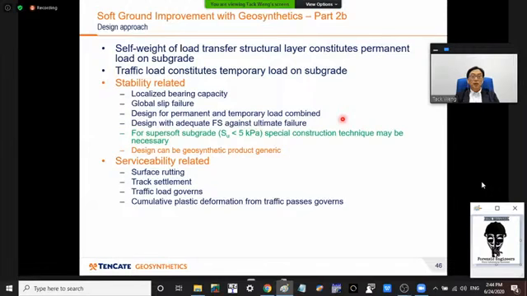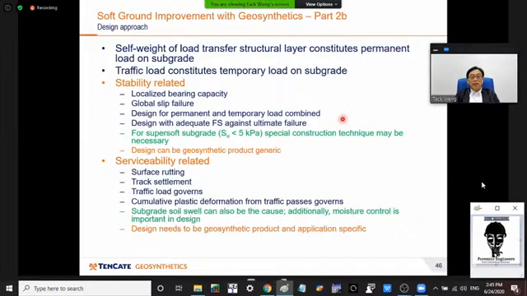So this plastic portion of the deformation keeps accumulating as more and more passes go past that spot. And when you have got subgrade soil that swells, then you need to have a geosynthetic that has got moisture control capability.